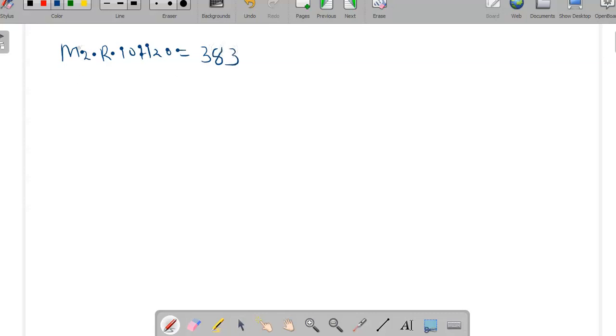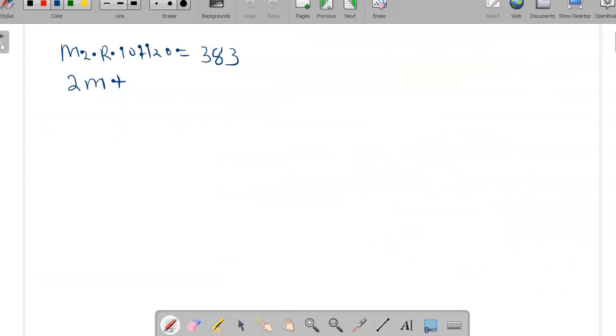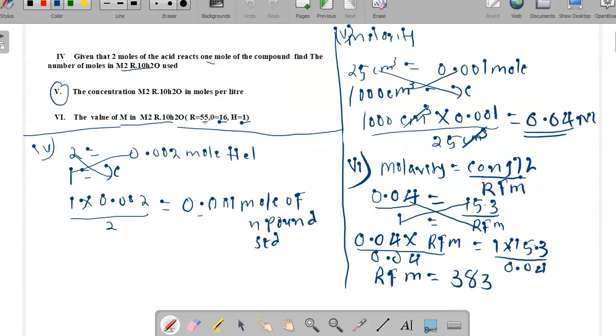So M, since it carries 2 and the value that we are looking for is M, 2 will be the coefficient of M, which is 2M plus R. What do we have for R? In the previous question, R was 55. R was 55. Oxygen 16, hydrogen 1.